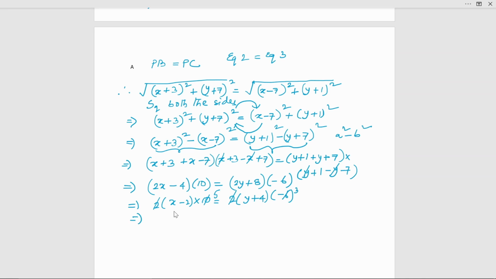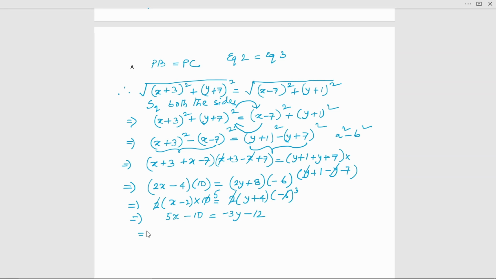So I have 5x − 10, and here I have 3y − 12.